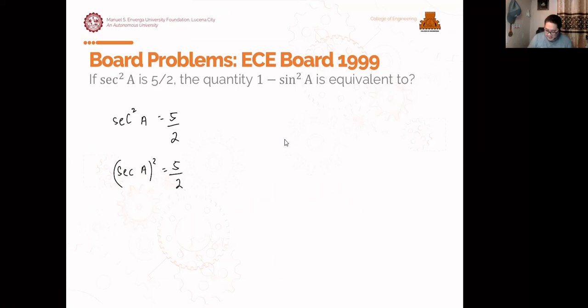Or pwede natin i-represent ang opposite ng secant, 'di ba? Sine, cosine, tangent, tapos ito ay cosecant, secant, tsaka cotangent. Okay? So, anong kabaliktaran ng secant? Siya ay cosine.